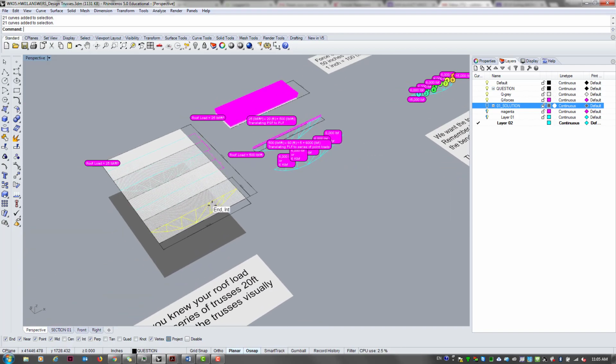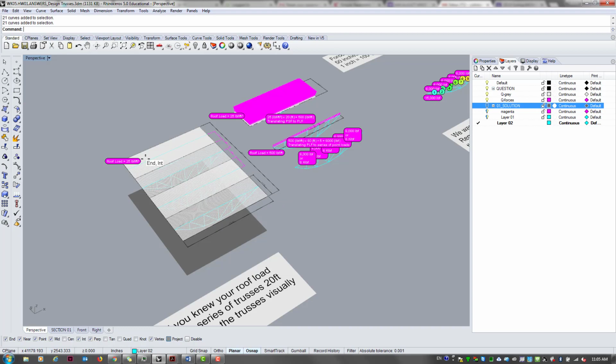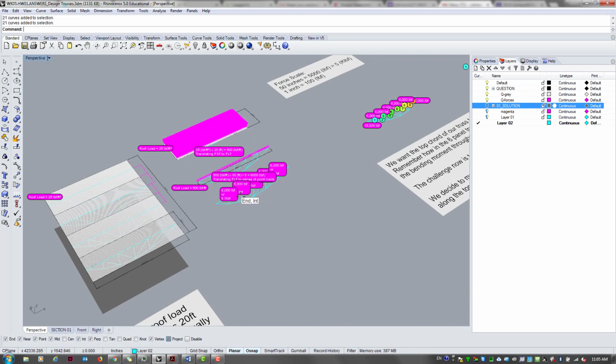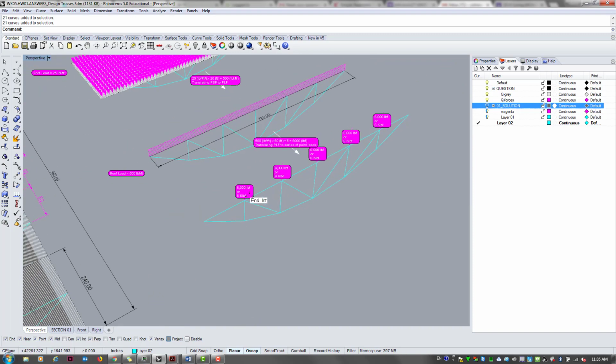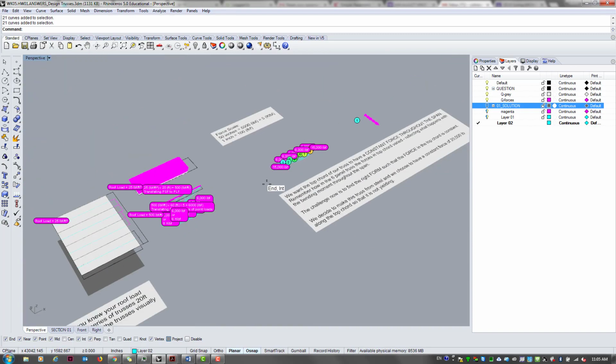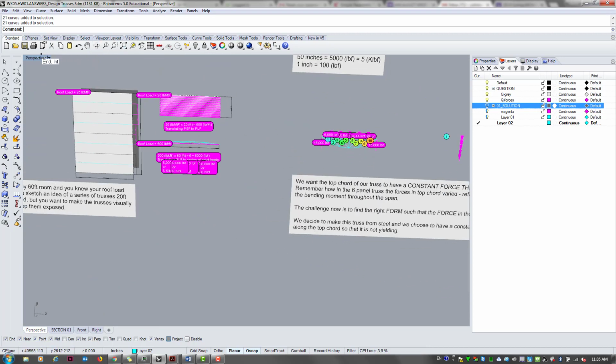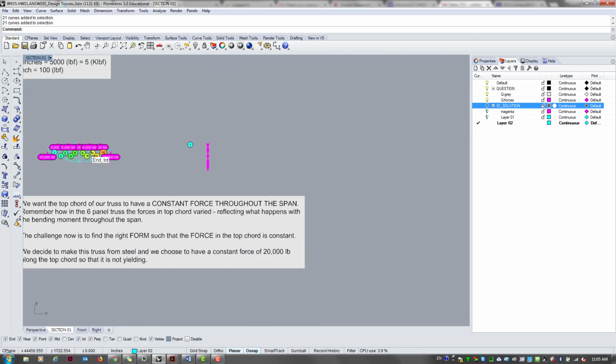So basically what I'm asking you is, I'm giving you a floor load of 25 pounds per square feet, and we translate that to point load, and then we're gonna draw a diagram.